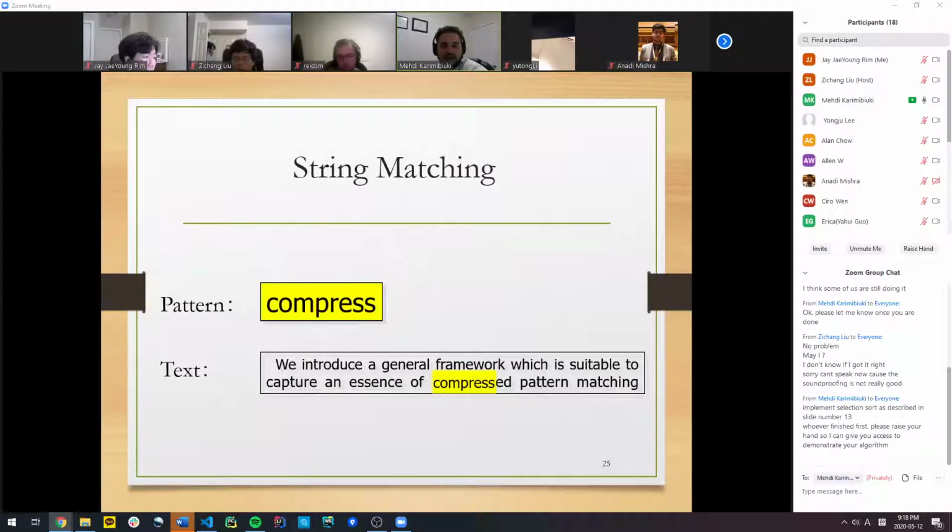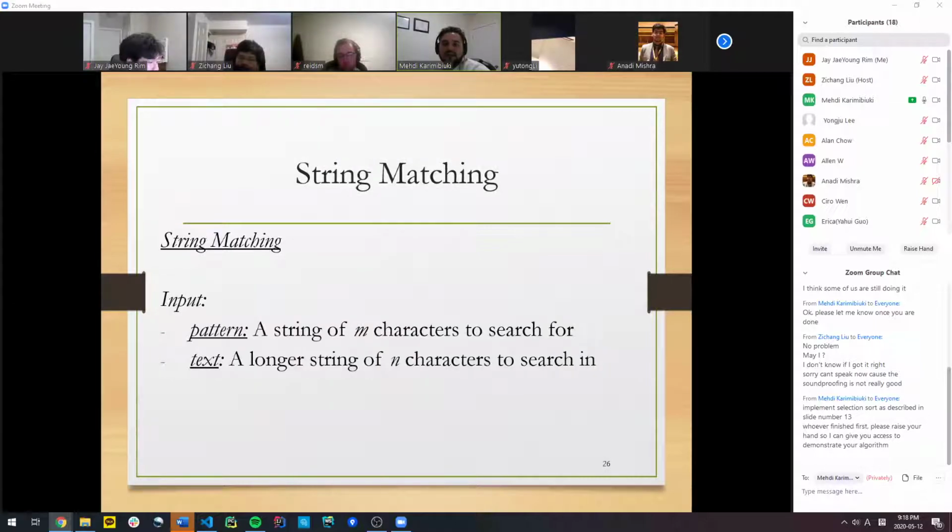So what we have here, are you guys seeing my screen? Slide number 25, yes? Okay, good. So the pattern is compressed and we're trying to find this pattern in a text, right? That's what the goal is. So this is how we do it using the brute force approach.